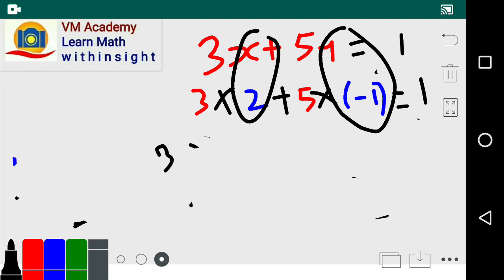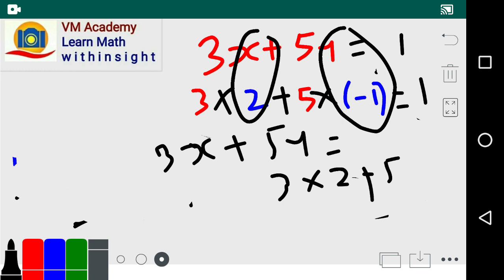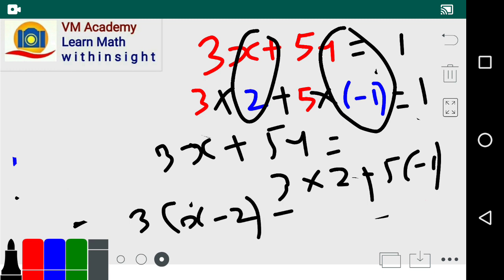So we can equate 3x plus 5y equal to 3 into 2 plus 5 into minus 1, and in this manner we can write it as 3 into (x minus 2) plus 5 into (y plus 1) equal to 0.